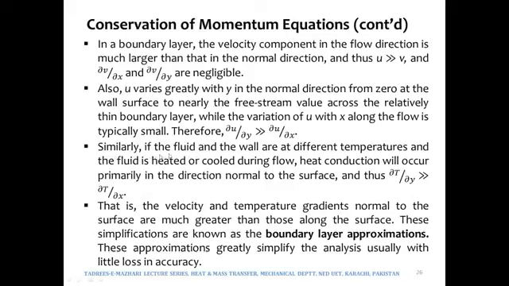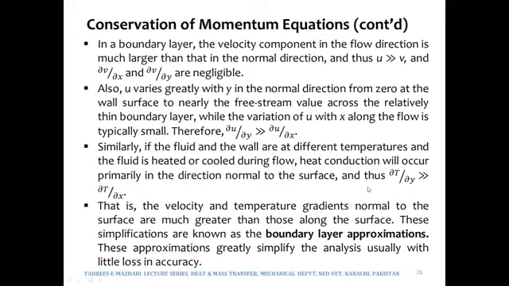Now similarly, if the fluid and the wall are at different temperatures and heat transfer is taking place between the fluid and the surface, the fluid may be either heated or cooled. If the fluid is at lower temperature, it would get heated up, or vice versa. So the heat conduction will occur primarily in the direction normal to the surface.